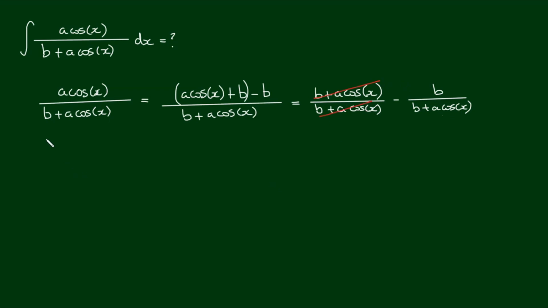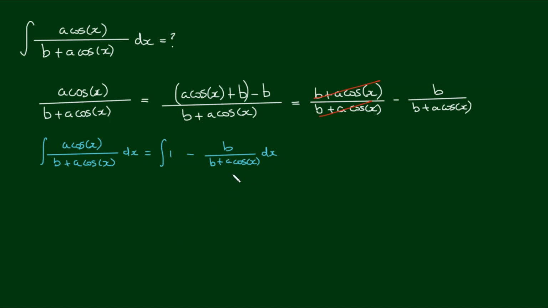So therefore the integral of a cos x over b plus a cos x dx is equal to the integral of 1 minus b over b plus a cos x with respect to x.